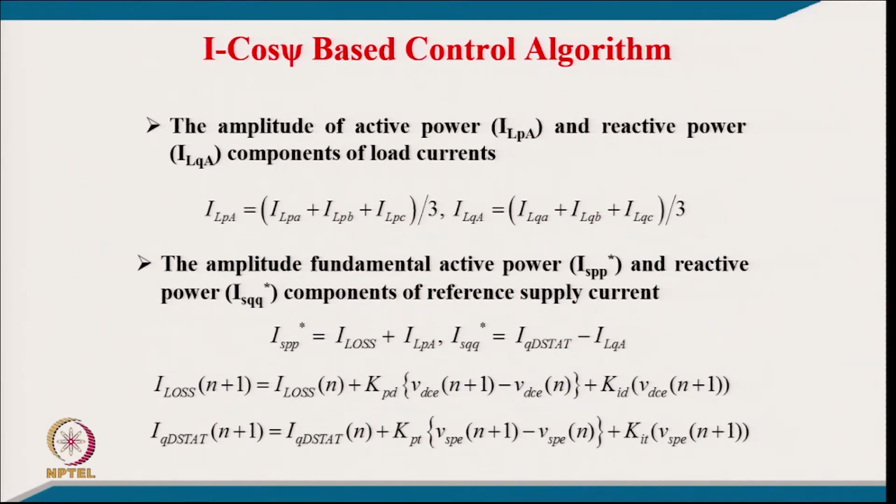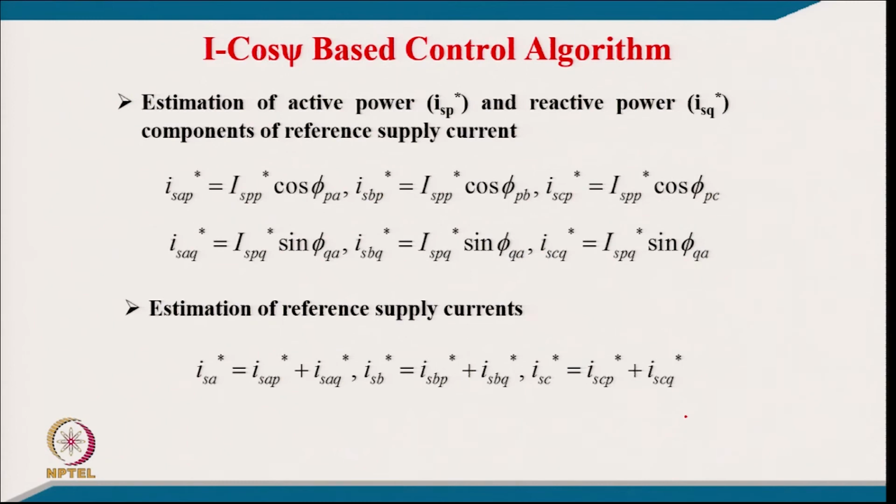So, this is for load balancing, and then for the active component we add the loss, that is the PI control output. Here we subtract, because part of the reactive power generated by the STATCOM has to be fed to the load, and the remaining only has to flow into the supply. So, we get the amplitudes of the active and reactive components, and these are the two PI control equations, one for getting the loss and the second for voltage regulation.